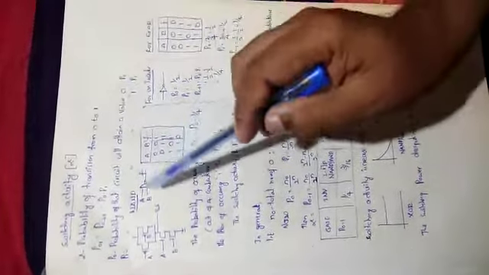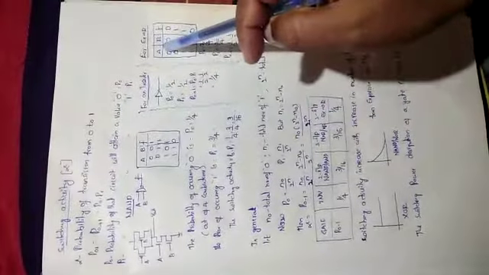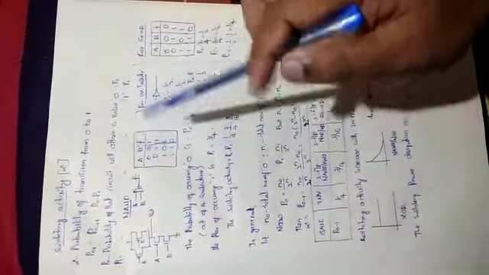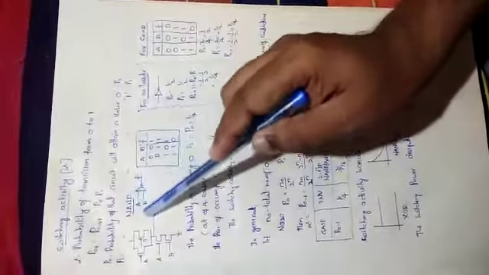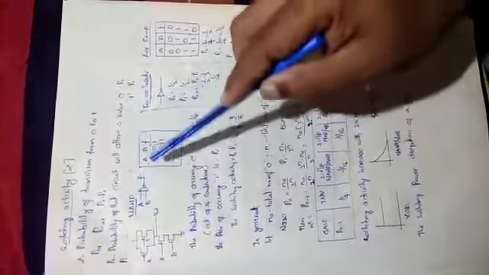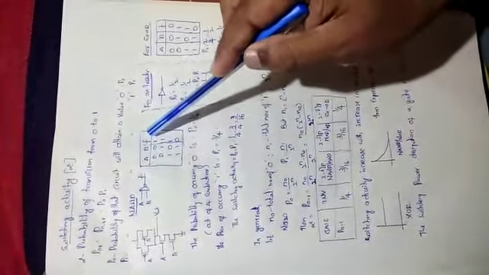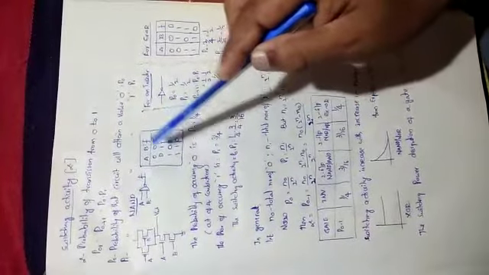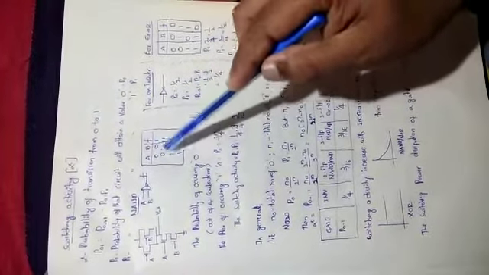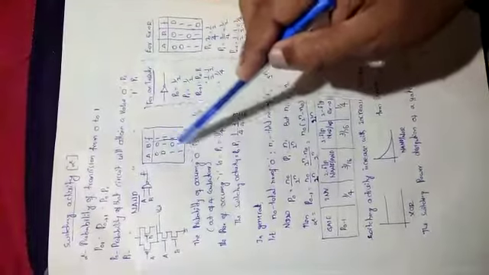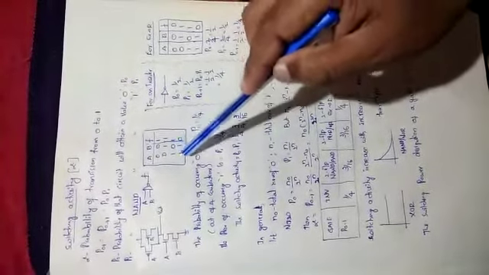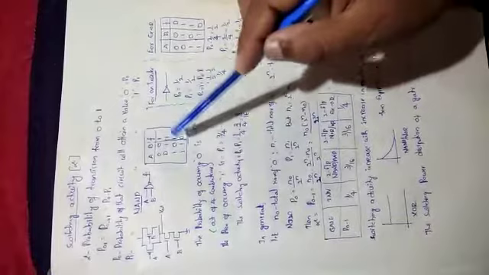Now we will see how this works for different combinations of logic gates. Here I have considered the NAND gate. A and B are the inputs and F is the output. As we know, 0 0 gives 1, 0 1 gives 1, 1 0 gives 1, and 1 1 gives 0.